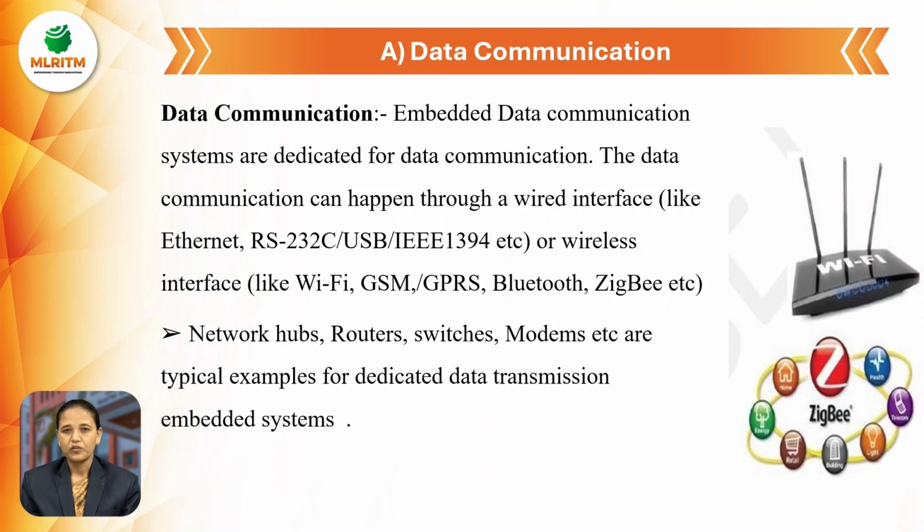In wired media, we use wires, and wireless media means wireless channels like Wi-Fi, GPS, GPRS, Bluetooth, Zigbee, etc. These we call wireless media or wireless interfaces. Network hubs, routers, switches, modems, etc. are typical examples of dedicated data transmission embedded systems.